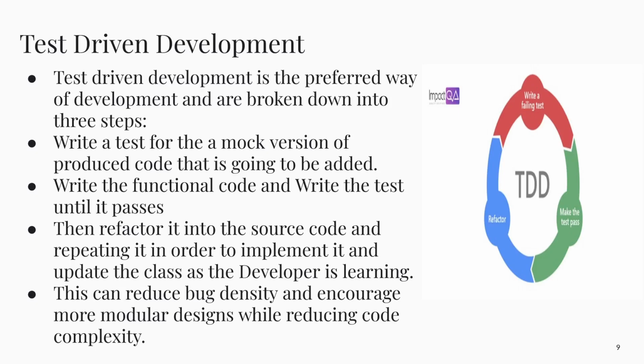You need to continue writing failing tests over and over again until it actually turns green, and then it actually passes the test. And then when it does, it can be refactored into the source code, and then you can repeat this process in order to implement it and update the class as the developer is learning about the bugs.